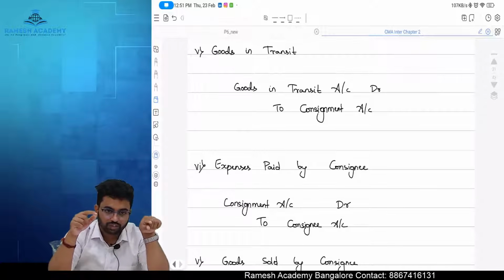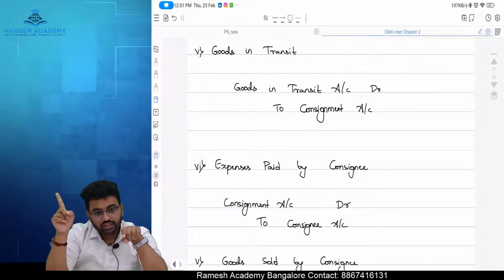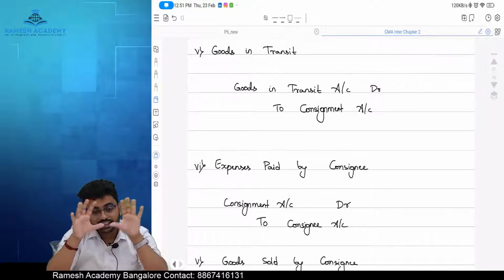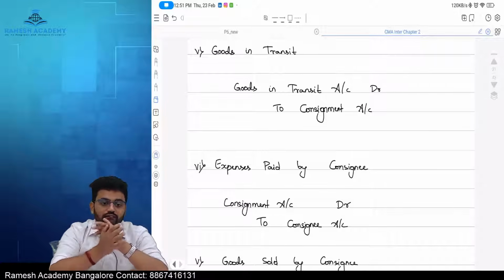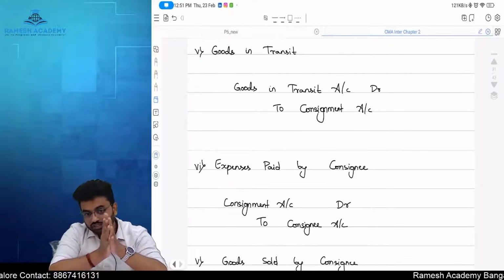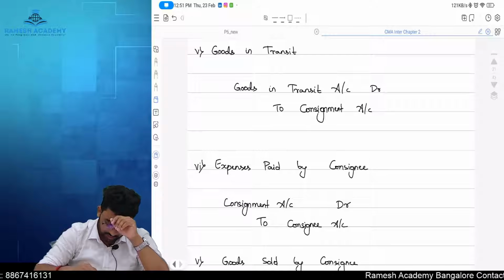Consignment account debit to expense account, the expense account gets cancelled. Final entry will be consignment account debit to consignee account. When the expense is paid by the consignee, we can simply pass the entry: consignment account debit to consignee account.